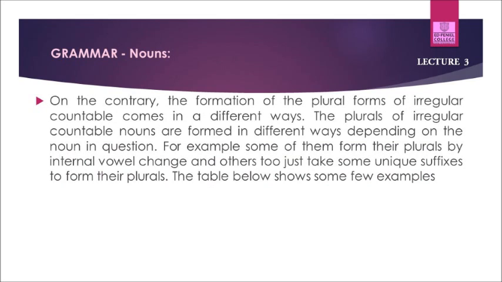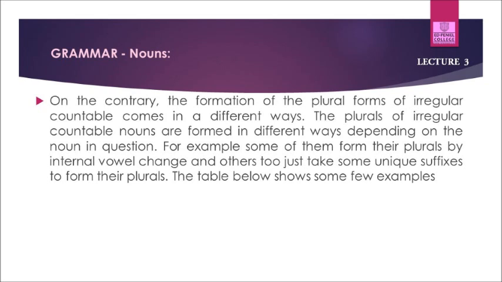Now, on the contrary, when forming the plural forms of irregular nouns, we have already identified that under the countable nouns, we have the regular countable nouns and the irregular countable nouns. The regular countable nouns are those we have already looked at in the table above. They take the s, es, or ies to form their plurals.